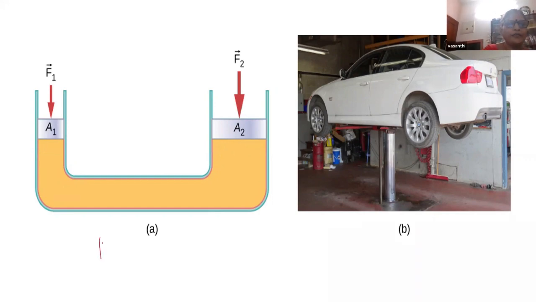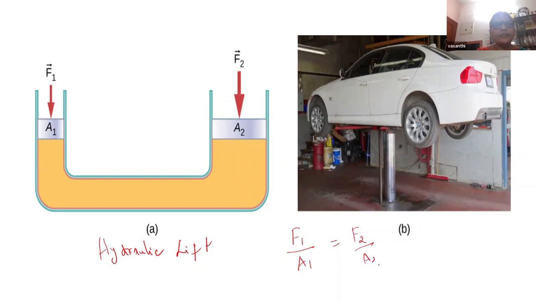This is the hydraulic lift. It is based on Pascal's law of transmission of pressure. You apply a small force. The equation is: pressure at the smaller piston is the same as pressure at the larger piston. When you apply force here, the pressure is transmitted through the hydraulic fluid.